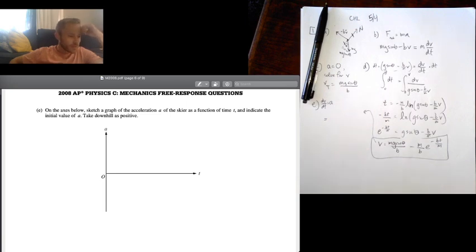See if I did an integral wrong. I made an algebra mistake somewhere.